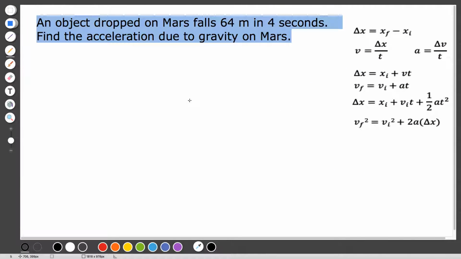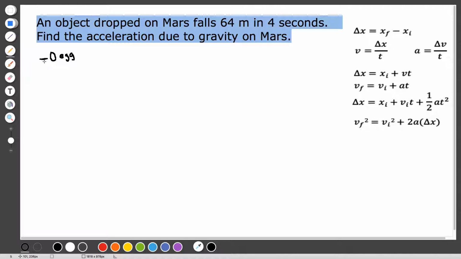So it says an object dropped on Mars falls 64 meters in 4 seconds. Find the acceleration due to gravity on Mars. So as always, we start with our diagram. And it says an object, so I'm going to draw an egg.